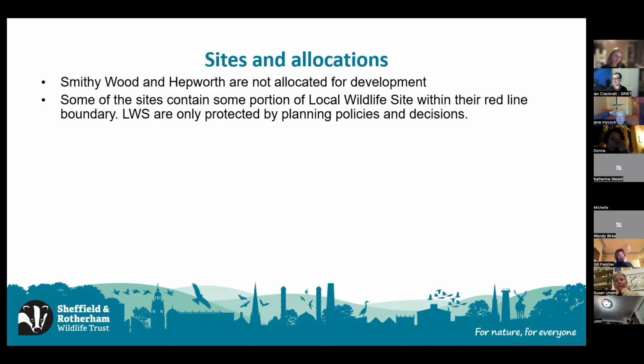There are some sites we have a bit of concern about, but it's probably a case of tweaking the allocation. Some of them have a portion of local wildlife site within their red line boundary for some reason. We're a bit concerned about that, because local wildlife sites are only protected by planning policies and decisions, not by law.